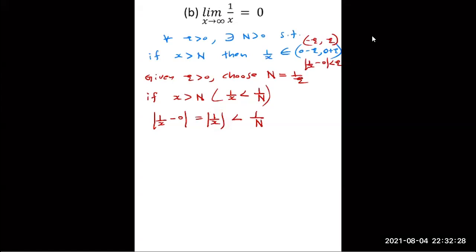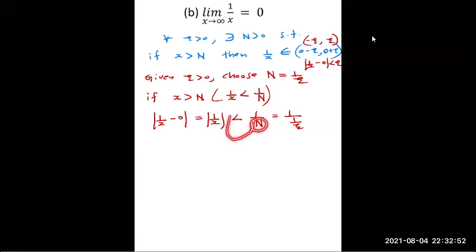So now, remember my choice of n: my n is 1 over epsilon. If you put 1 over epsilon here, that is the reason for my choice. If I replace this by 1 over epsilon, then this whole thing will be epsilon. So that is where I make my choice of n.